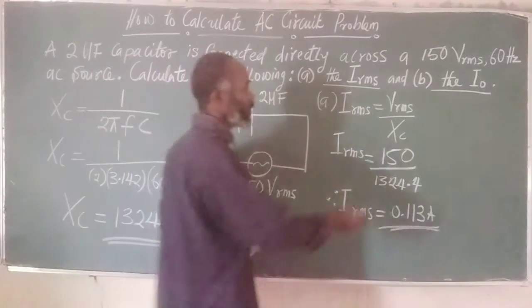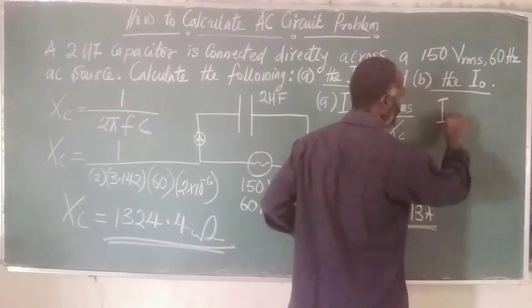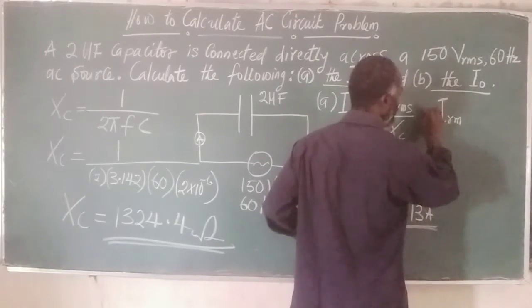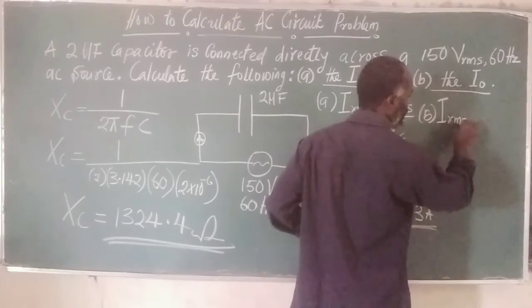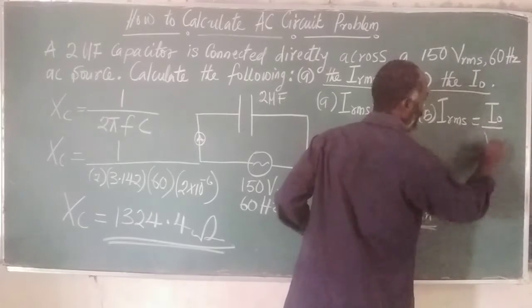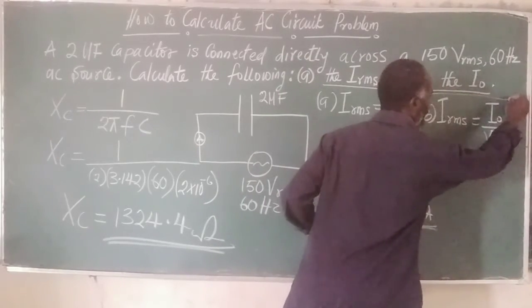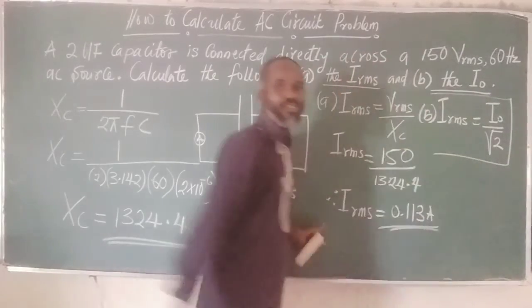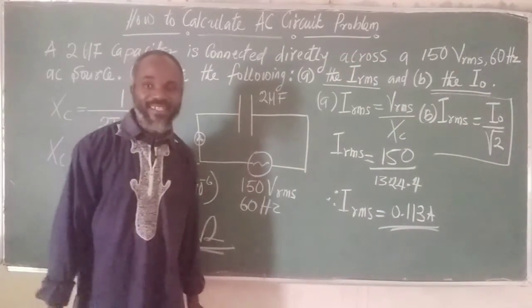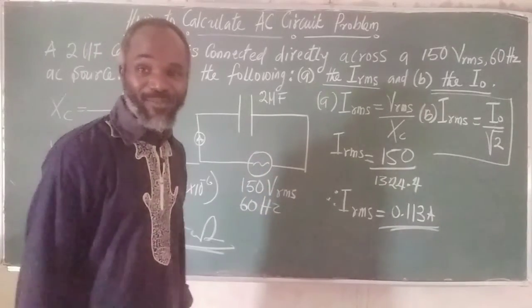We state it because we know that with this root mean square, so this is B, we are solving for B now. Root mean square current is equal to I naught over root 2. With this formula, we can solve and find the peak value current flowing in the system.